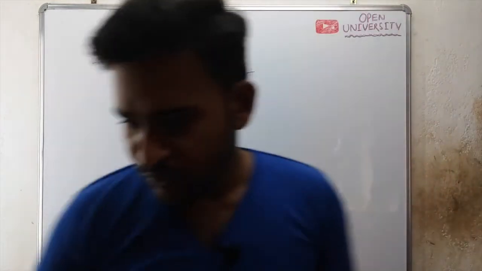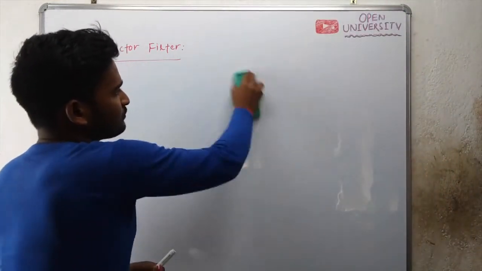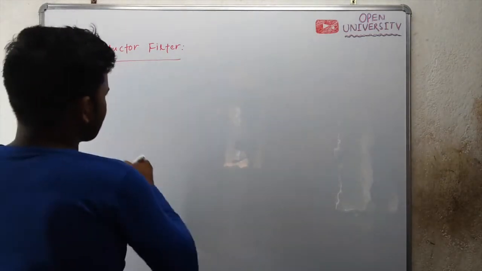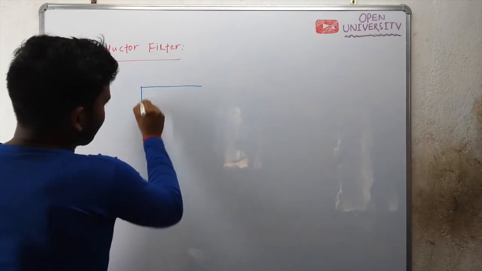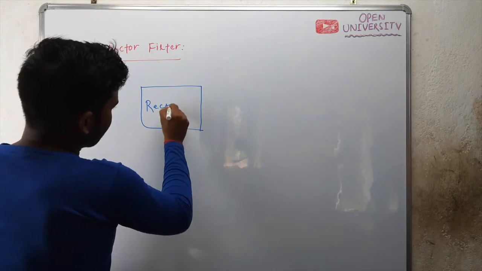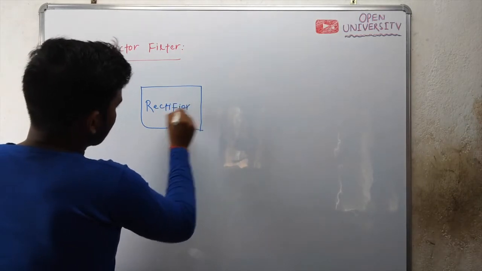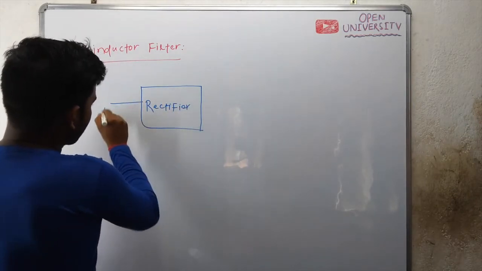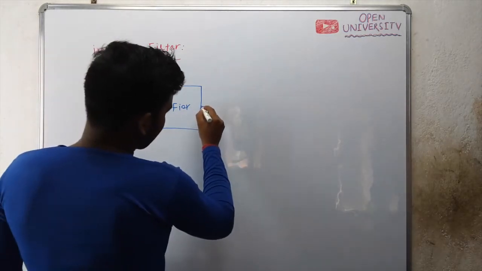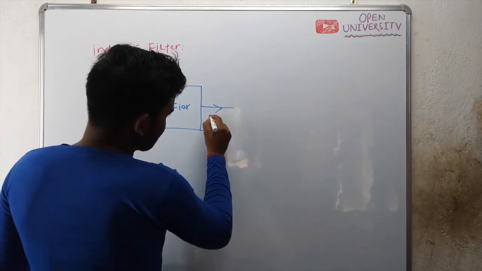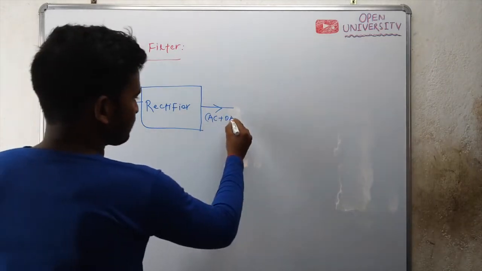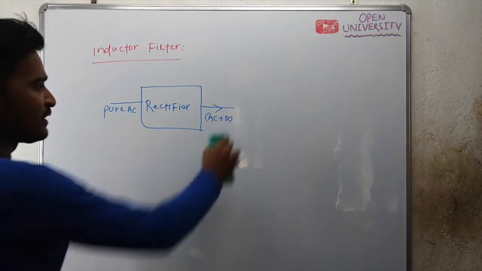So take one diagram showing how inductor filter removes the unwanted AC component. See, this is your rectifier. The input to the rectifier is a pure AC signal, and the output of the rectifier is your pulsating DC, that is nothing but AC plus DC. I am writing like this.